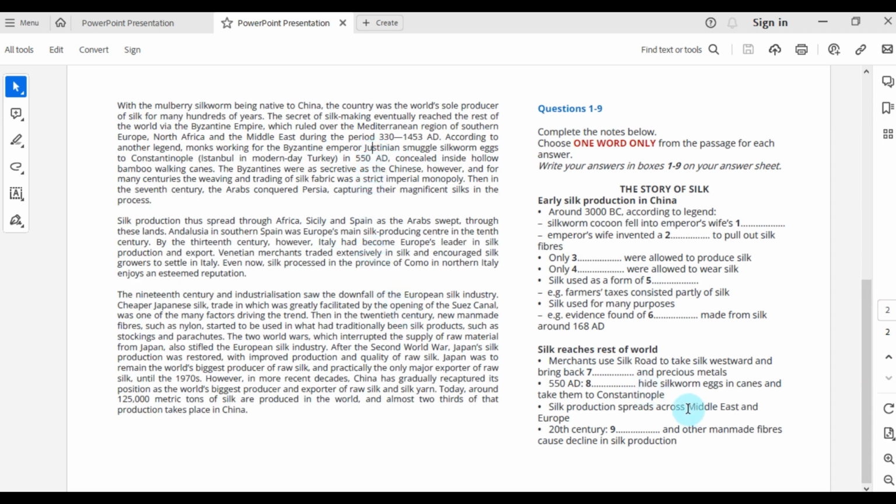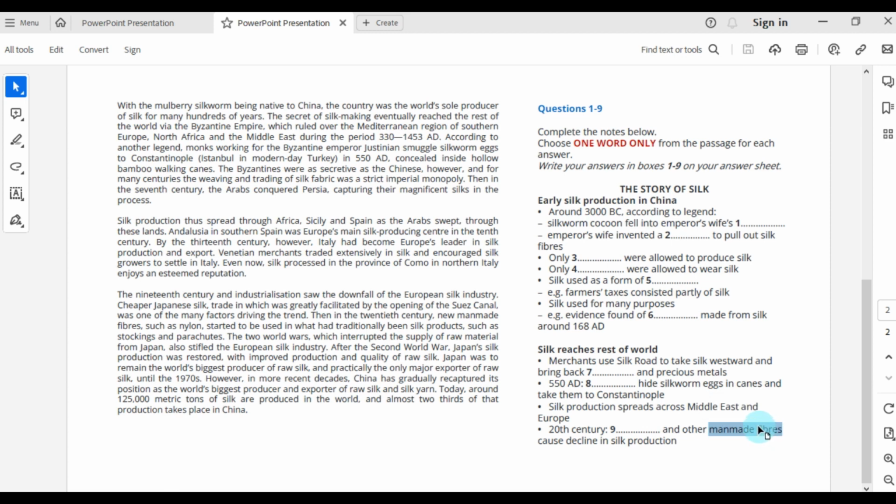Another question is Middle East and Europe. It is exactly the same in the passage, like here is Europe, and you can find it in the passage. If you skim in a good way, then you can get it. Another is man-made fiber, which is also a keyword.